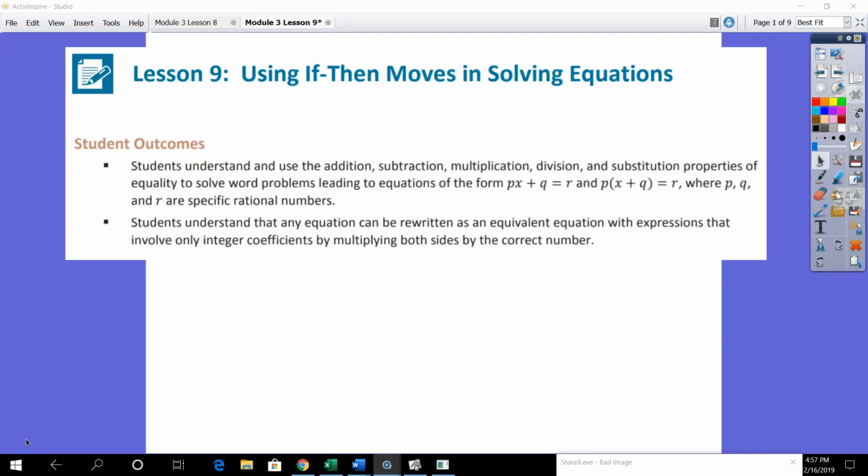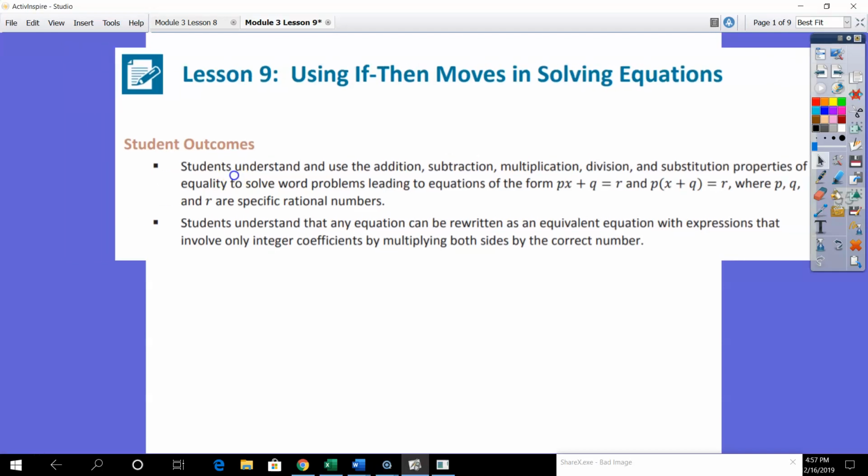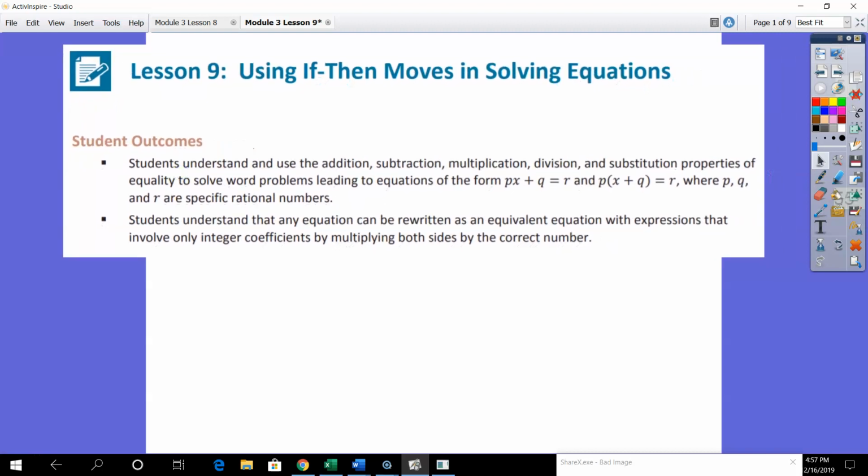So Lesson 9 is a continuation of Lesson 8, so we will be looking at understanding and using addition, subtraction, multiplication and division, and substitution properties in order to solve the equations that are in this form or in this form.